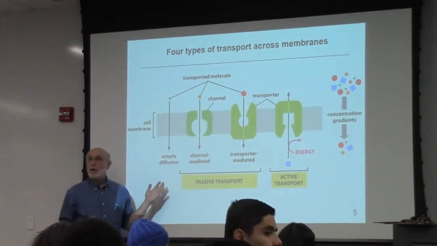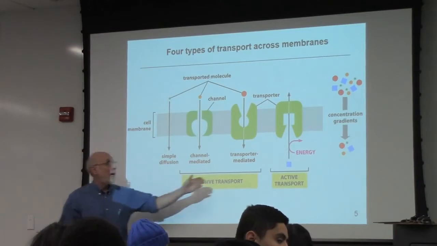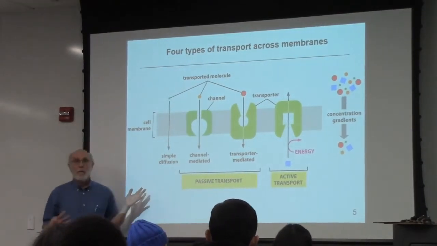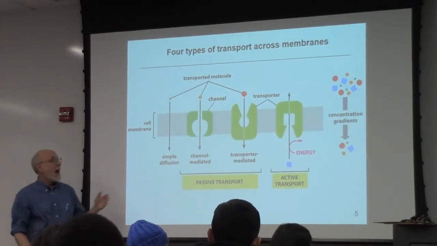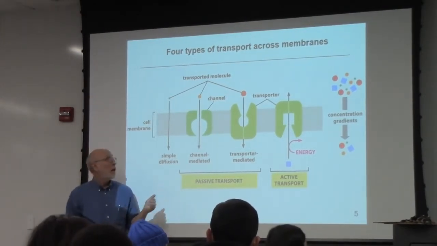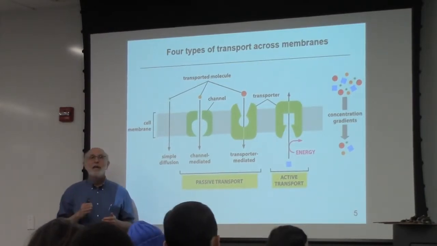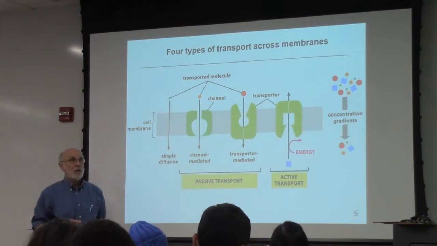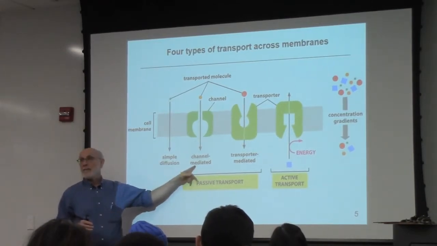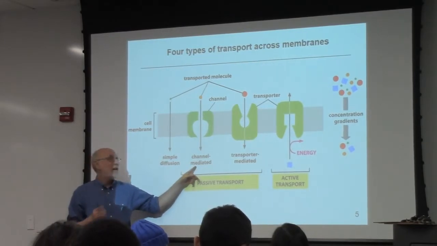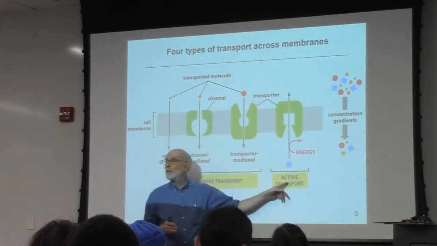And then those gradients, once established by an active transport process, passive transport can follow. So the passive transport that we will mostly be looking at in this class, especially in the first few weeks, are ion channels. Now remember, ion channels are not active transporters.